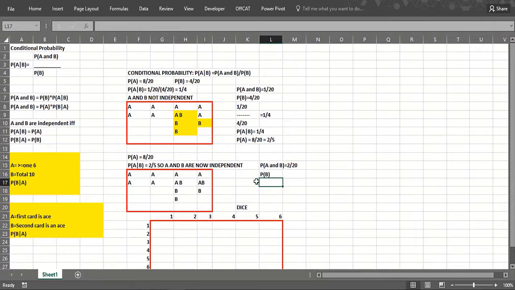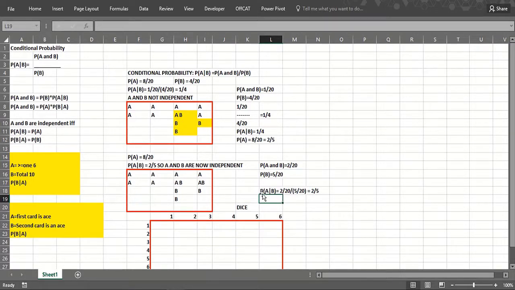It looks like there's 5 of them. So the probability of A given B is 2/20ths divided by 5/20ths, and that's going to be 2/5.